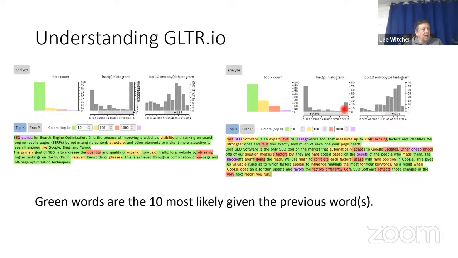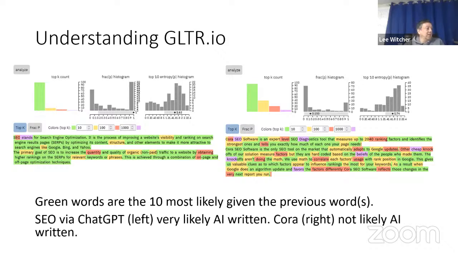Over here, there's a lot more of these things that ChatGPT is not predicting as the next word. So that sort of unusual behavior is more human-like. It's more random. So it's more likely, given this tool, that ChatGPT, the one on the left, was very likely AI written. The one on the right is not AI written. So you can sort of visually see it based on the amount of green or the lack of red and purple.